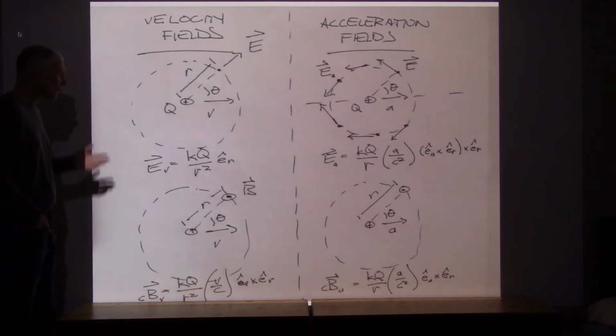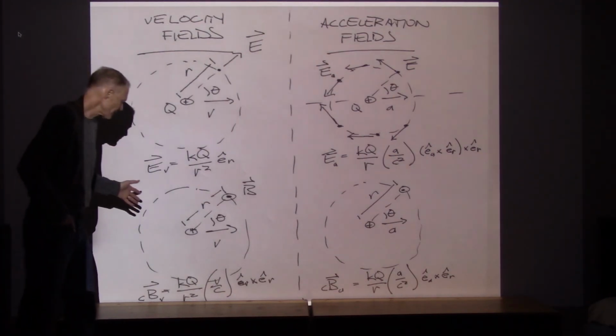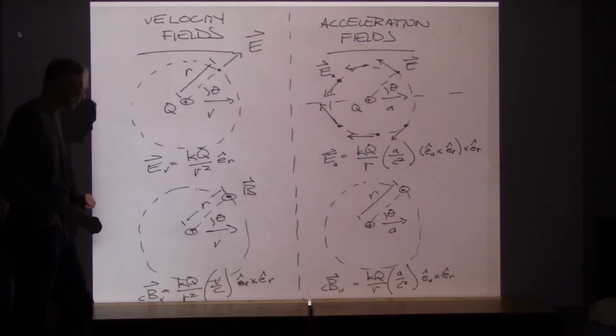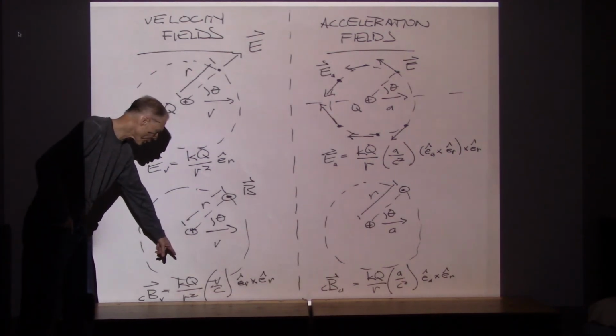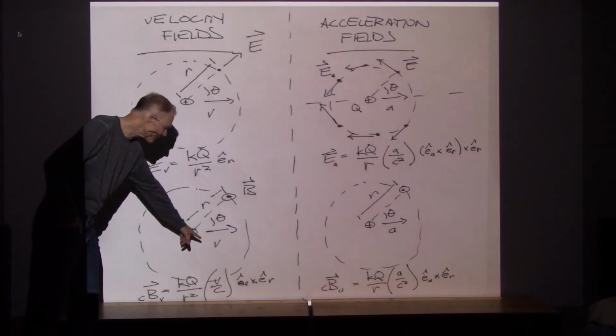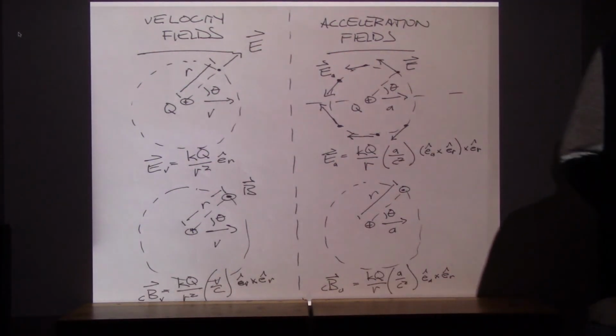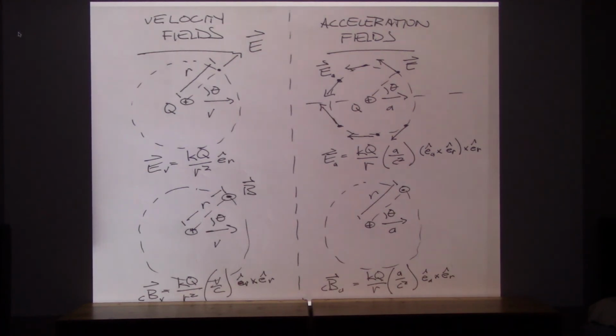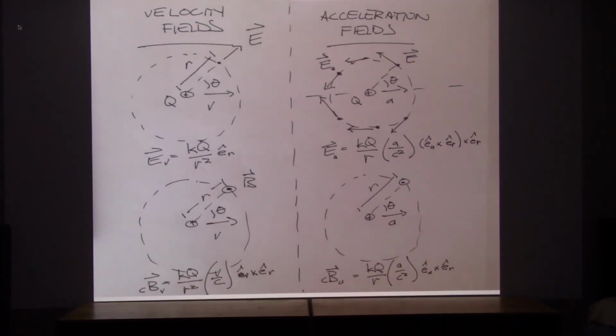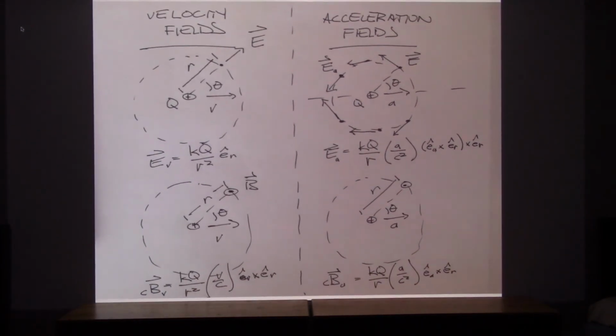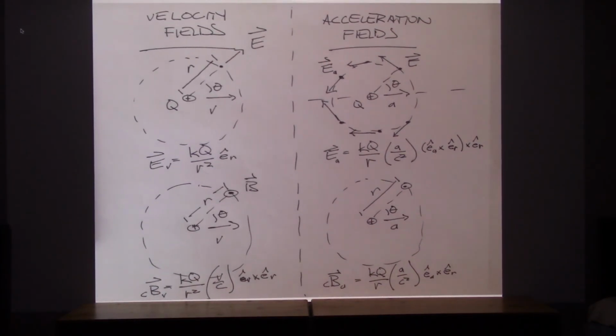Now, what about the magnetic fields? The magnetic field formula that we've been working from is kq over r squared times v over c, and then there is this cross product of velocity with the radial unit vector. I'm going to try tipping this up just a bit, make sure we're not losing anything at the bottom.